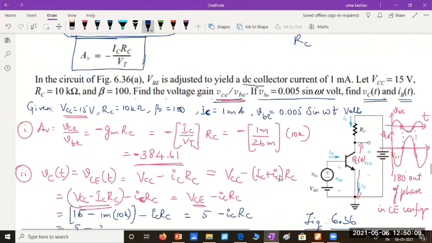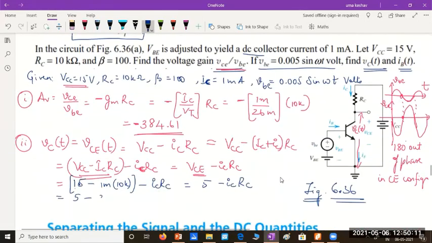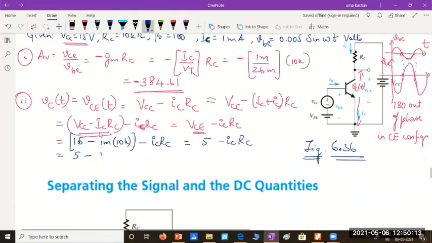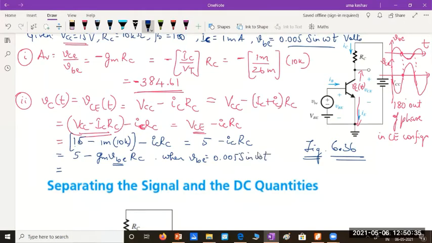So here I think I can write it as 5 minus GM into VBE into RC. VBE is given as 0.005 sin omega t. All you have to do is substitute that.